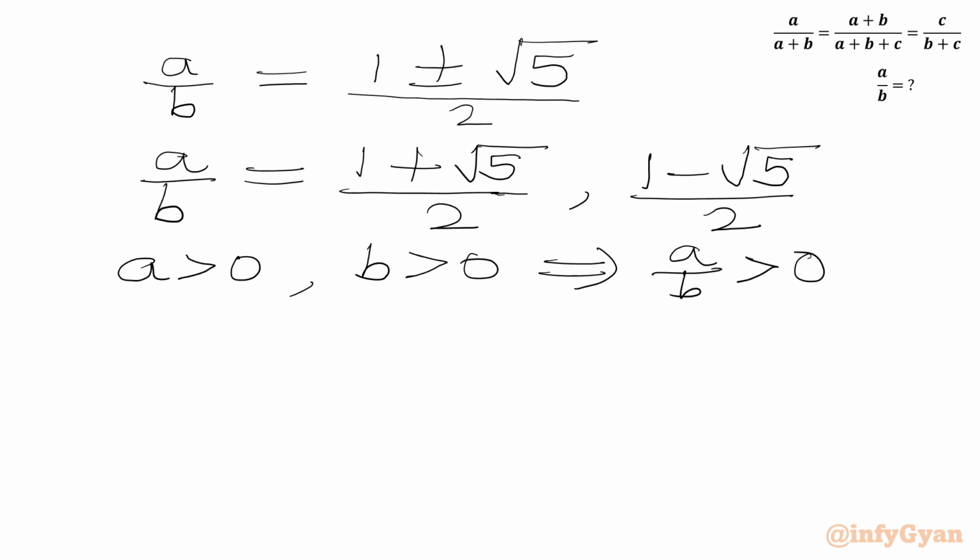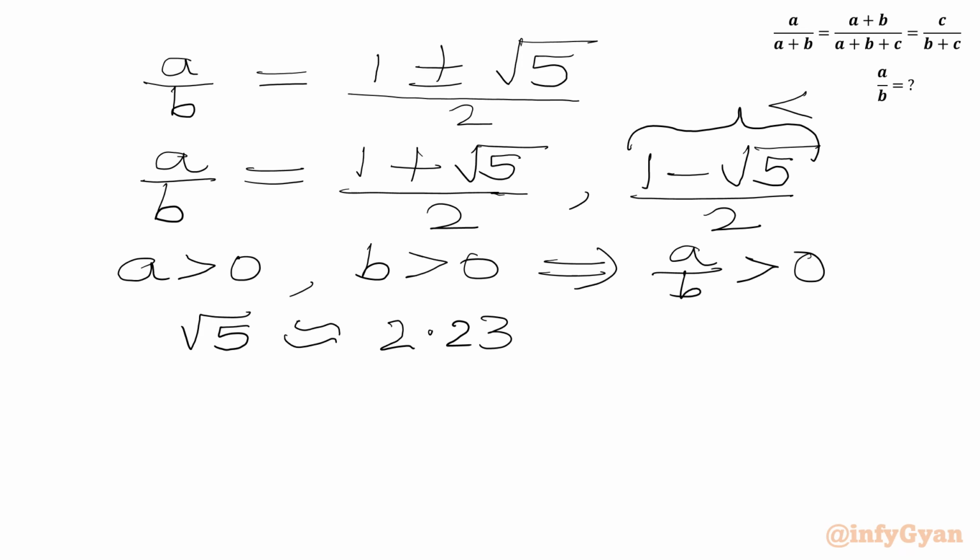Now we have to check which one is negative. We know that square root 5 is approximately 2.23. If we subtract 2.23 from 1, we are going to get a negative number. So 1 minus square root 5 over 2 is negative, which is not possible. So we will reject 1 minus root 5 over 2.